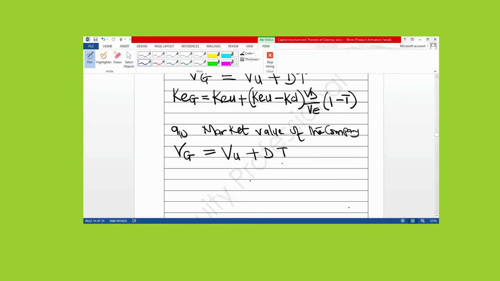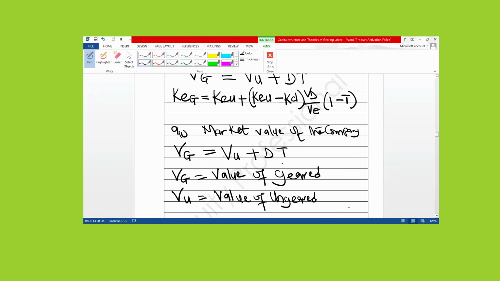As a result of change in capital structure, Olowo is now a geared company. VG, value of geared. So we have to calculate value of geared by introducing bond. The company becomes a geared company. VU, value of ungeared.